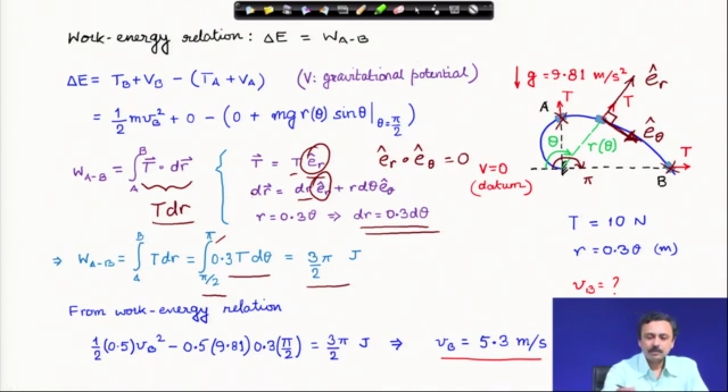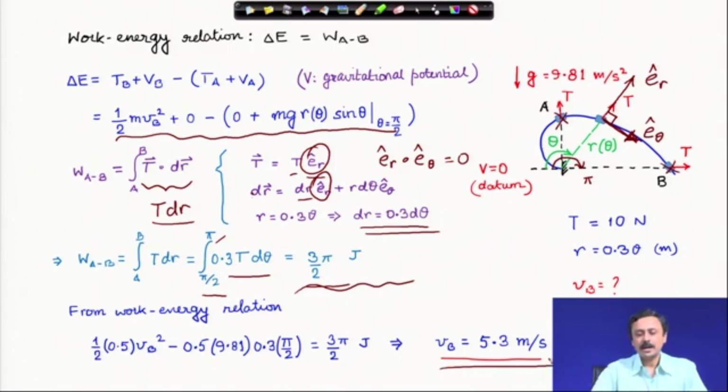You have to equate this expression and this expression, which I have done here, and finally, velocity at point B is 5.3 meter per second. So, this is straightforward.